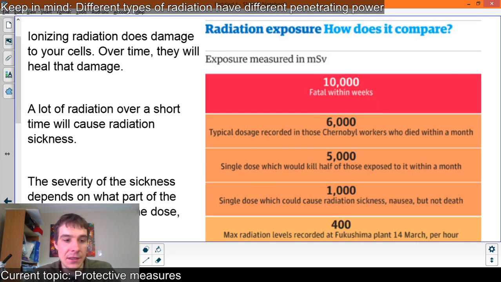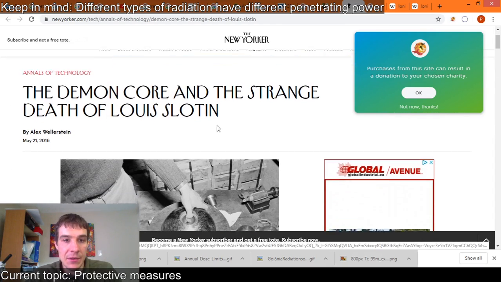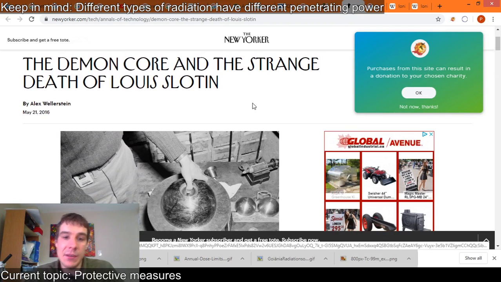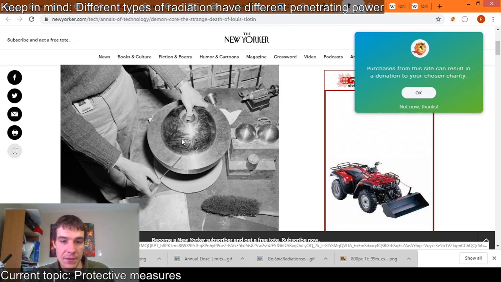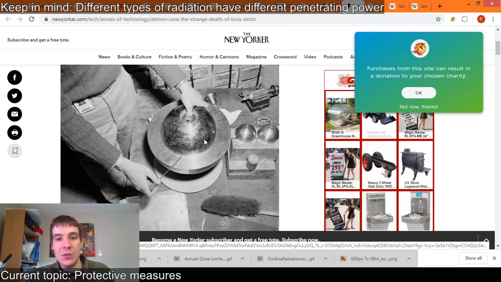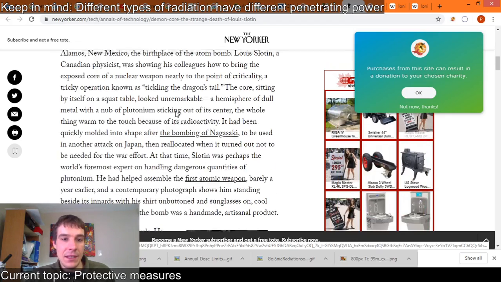I'm going to link this article about what's called the Demon Core. And this guy, Louis Slotin, who was a nuclear physicist, was working on this core, a research core, and accidentally dropped it, and it released a bunch of radiation, and he died.